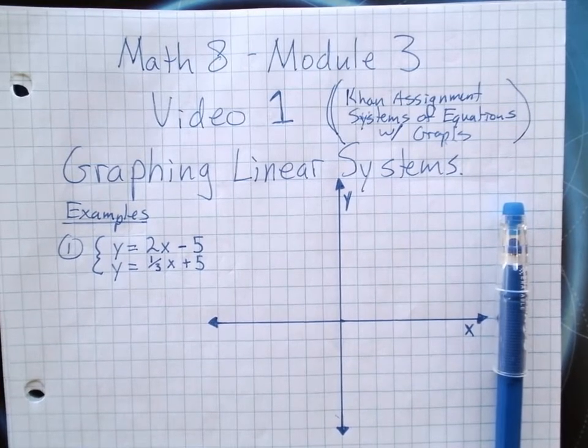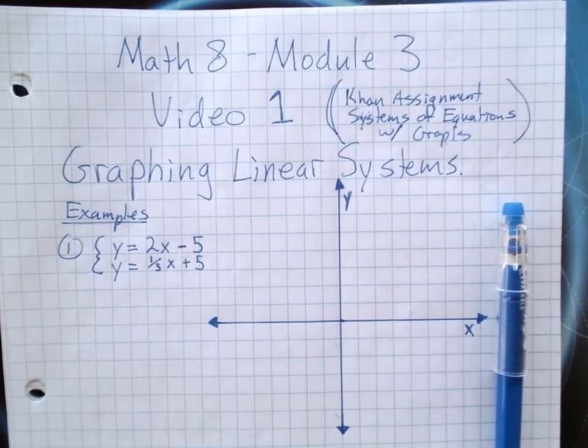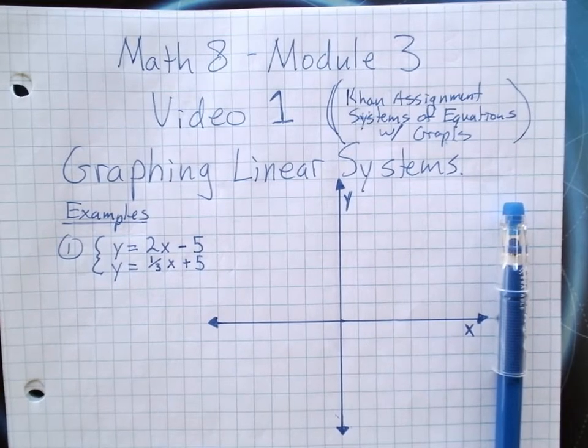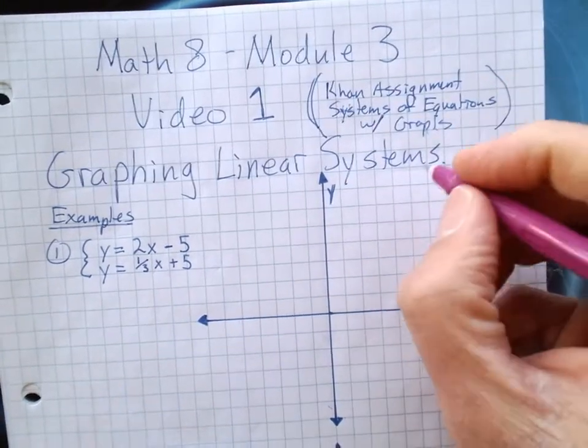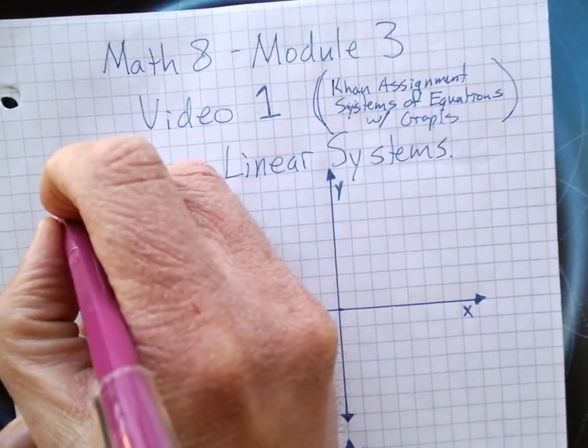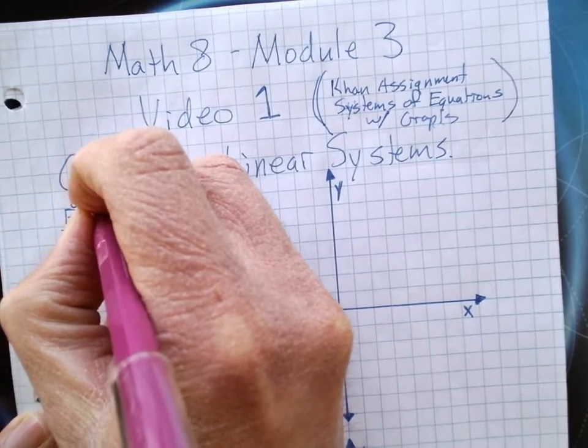We're getting into graphing linear systems. And if you did the Google form, which you were supposed to, it told you what the definition of a linear system is. A linear system is when we're comparing two lines on a graph to see where they connect.